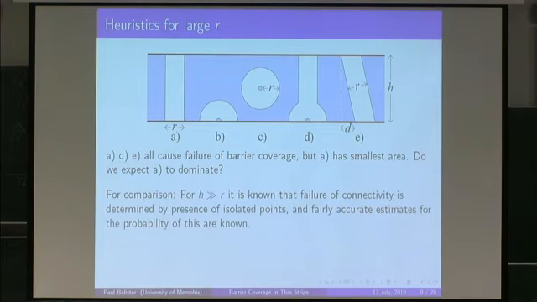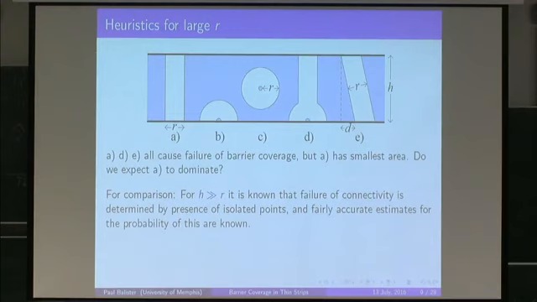Okay. Now, for comparison, there are other areas in random graph theory and even random geometric graph theory where something goes wrong, but it's one clear identifiable thing that goes wrong which dominates. So, for example, both in the Erdős-Rényi graph and also in the corresponding Gilbert model, what can go wrong with connectivity is an isolated vertex.